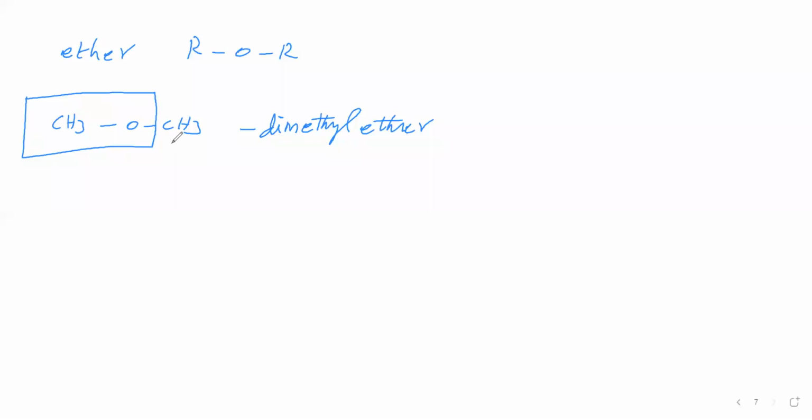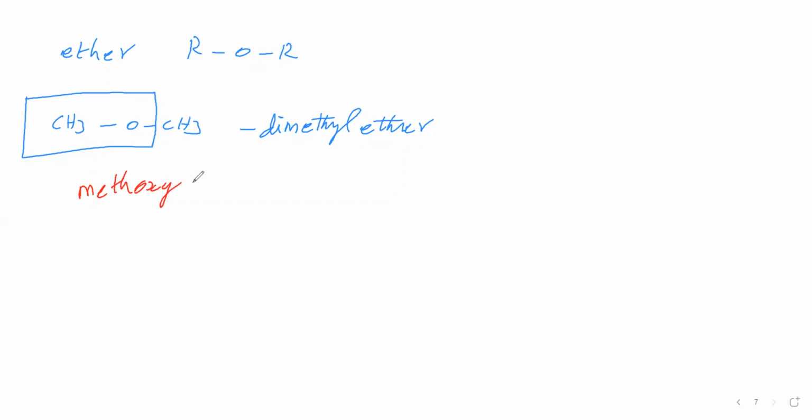Oxygen connected to less number of carbons part only, you have to include this oxygen. Okay, here both contain same number of carbons, so we need not consider. Now this group contains one carbon, therefore meth. This O means oxy, we have to say methoxy.